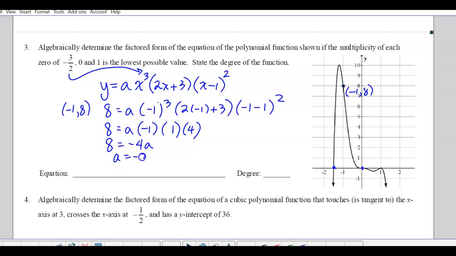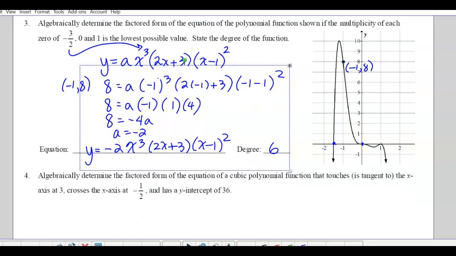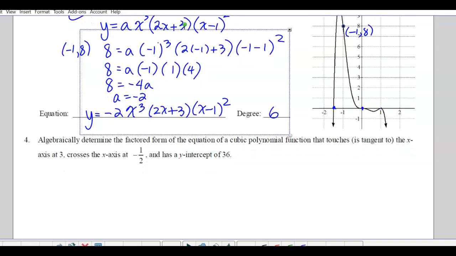So a is negative 2. So now I can put that back in and restate my equation. Degree, so there's 3, 4, 5, 6. Okay, the ends are both going down, so you know it has to be an even degree. Okay, negative leading coefficient, so you know it needs to be going down.